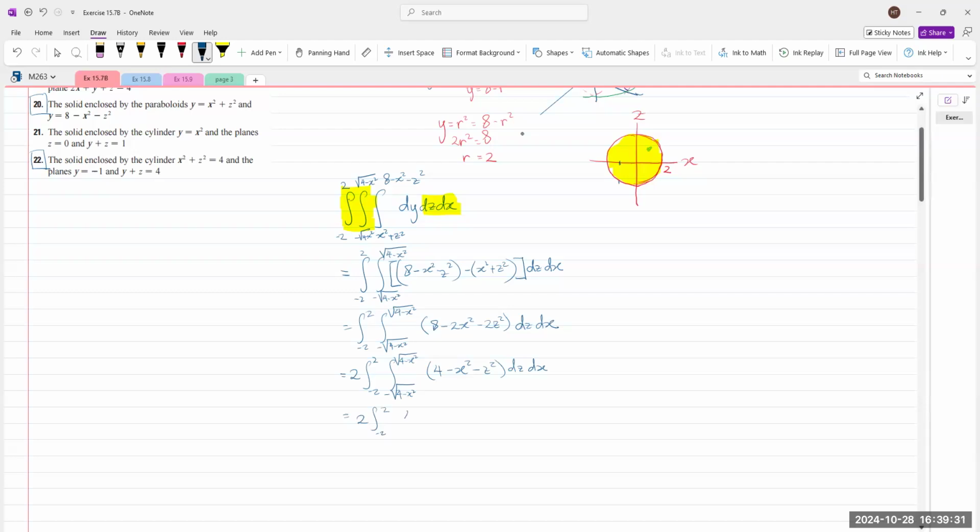That will give me, you know what, let me do it this way. That will be 4 minus x squared times z minus 1/3 z cubed, from negative square root of 4 minus x squared to square root of 4 minus x squared, dx.